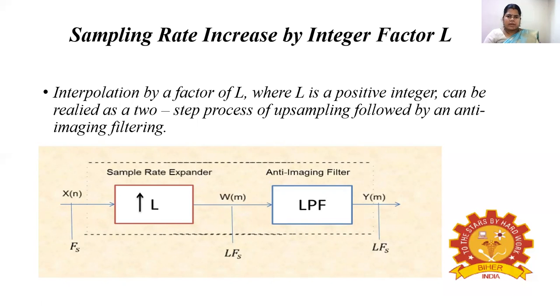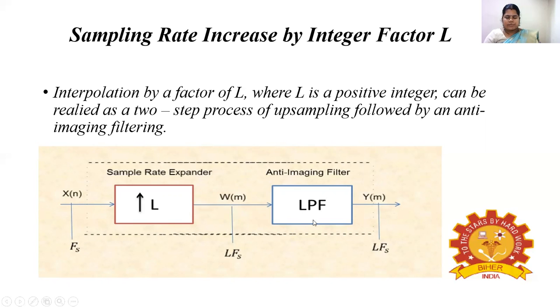Now, if the sampling rate gets increased by an integer factor L, this is interpolation by a factor of L, where L is a positive integer, which can be realized as a two-step process. The first step is upsampling, and the second step, which follows, is the anti-imaging filter.